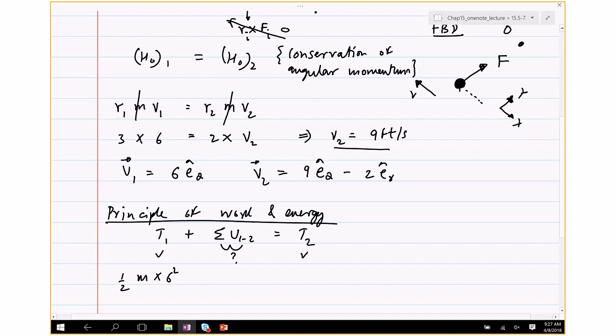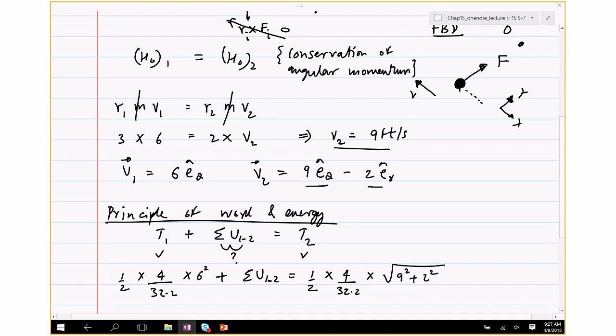Let me just write the mass as a numerical value. So mass is 4 pounds, so 4 divided by 32.2 times 6 squared plus U12, which is the unknown, equals half times the mass, which is 4 divided by 32.2, times the velocity, but the velocity is 6 squared plus 2 squared.